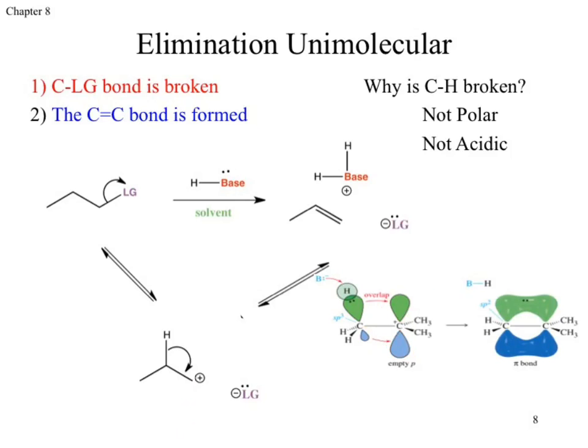Could I have used something else to help break that bond? We could also use a base. The base is similar to your nucleophile in that it's donating electron density. Which do we want to use for an E1 elimination? Do I want a strong or a weak base? Which step is the slow step in my E1 elimination?